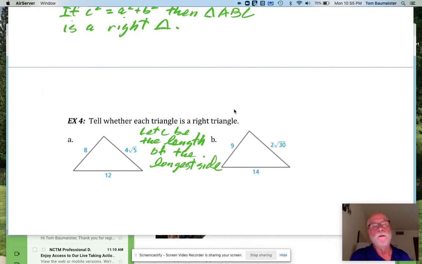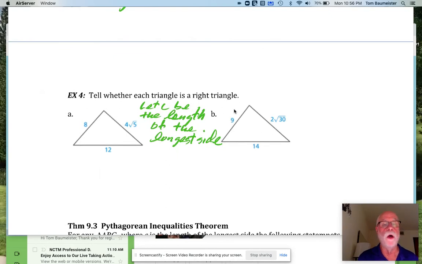So if you're not sure if 12 is the longest side, we know it's definitely longer than 8. You might need to plug in 4.5 in your calculator, but I will let you know that it is in this case here. So we're going to say then that C squared is equal to A squared plus B squared.